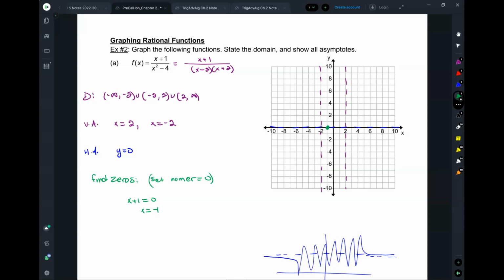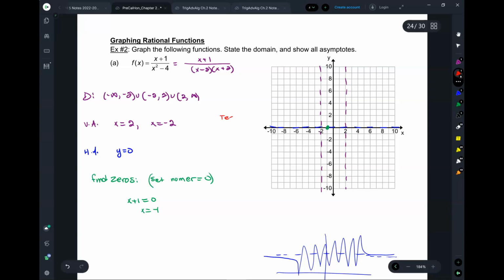If this graph is going to follow the asymptotes up and down here, and there is only one place that it crosses the x-axis, then the graph can either look like this, because it only crosses once and it has to follow the asymptotes up and down, or it can look like this. So how do we know? Well, all you need is one test point. So pick a point in that region to plug into the graph. I would pick x equals 0.